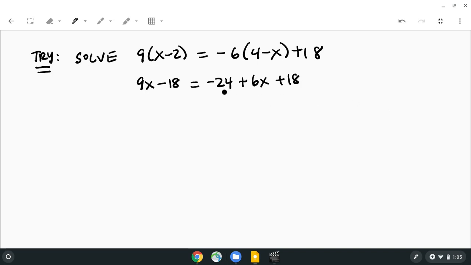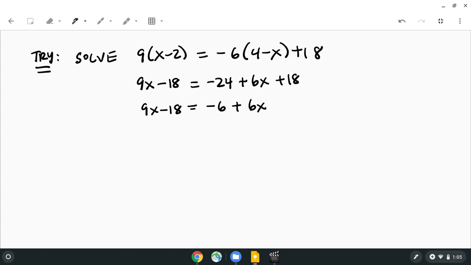I'm going to combine like terms here. Negative 24 plus 18. So bring this down. Negative 24 plus 18 is negative 6. And I'll bring down the plus 6x. Okay, so all I did was combine negative 24 with positive 18. And I got negative 6.